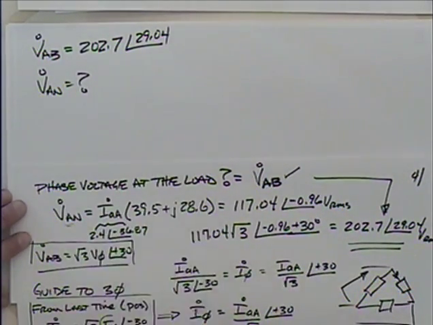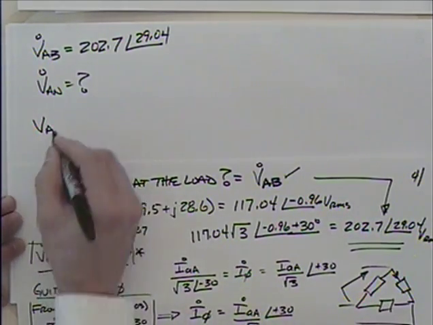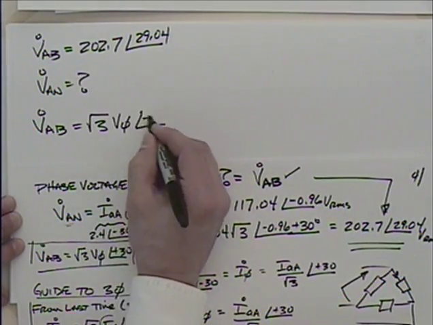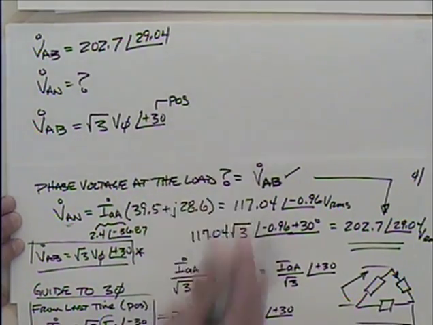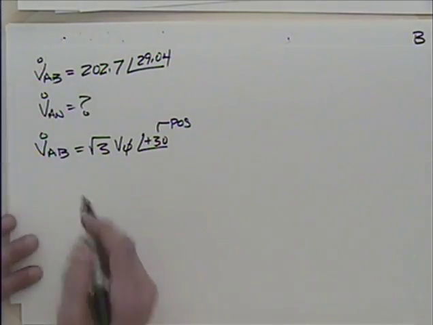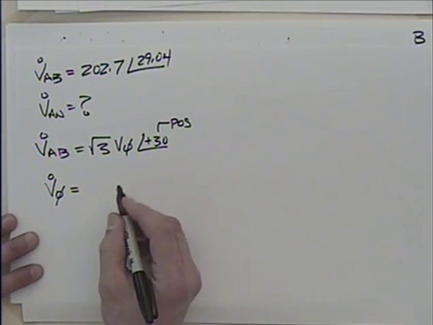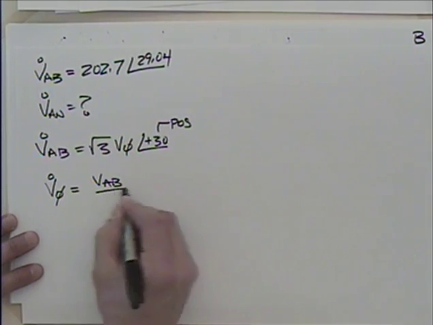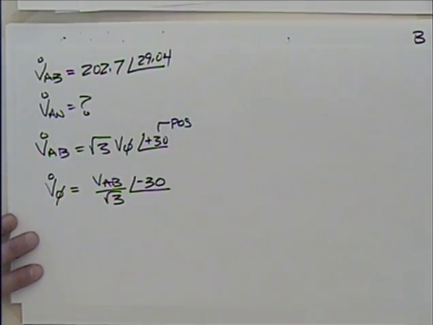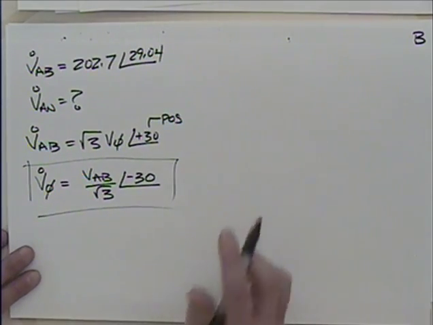Well, we know from our work last time that voltage AB is equal to the square root of 3 times V phi at plus 30. That's for positive. So if I wanted to solve this for V phi, what's V phi going to be? VAB over the square root of 3 at an angle of what? Minus 30, because I'm moving it to the other side, right? Okay, so that's our new expression.